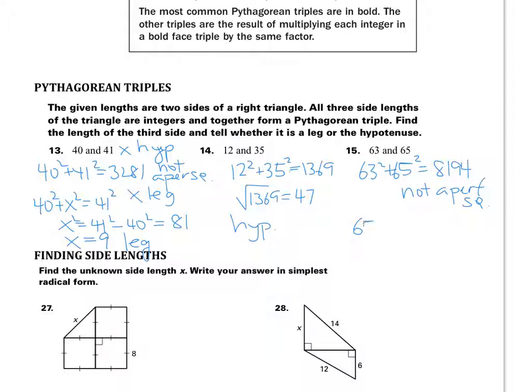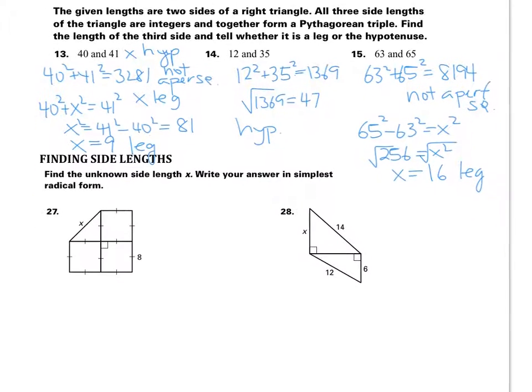Then the longest piece would be the hypotenuse minus the leg. Give me the other leg. And you take the square root of that. And you state that it's a leg.